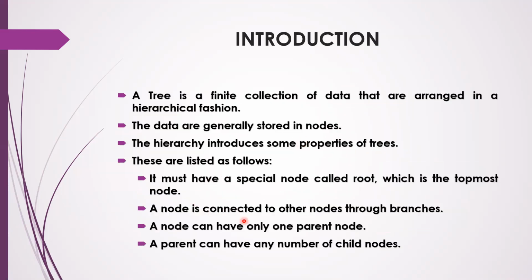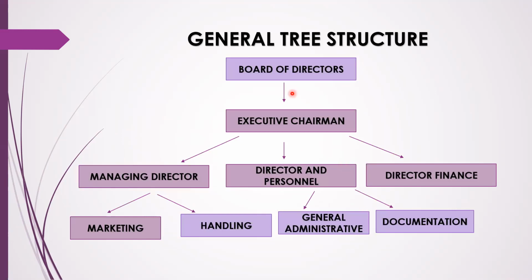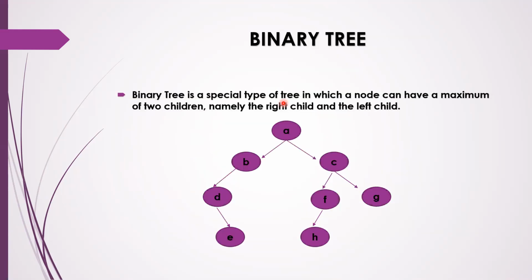And we have one more property: a node is connected to other nodes through branches. So as you can see, board of directors is connected to executive chairman using one branch. And you have binary trees where A is a root node and it's connected to B and C using the branches. And B is connected to D using a branch. D is connected to E using a branch.